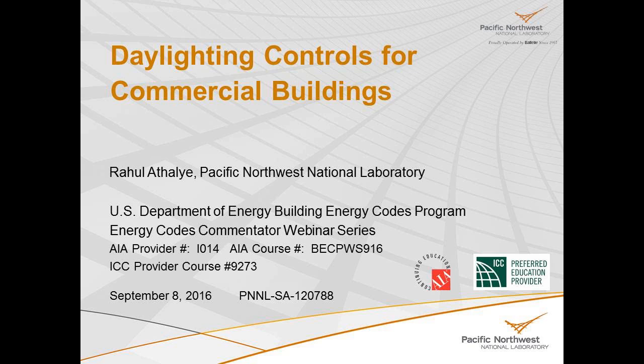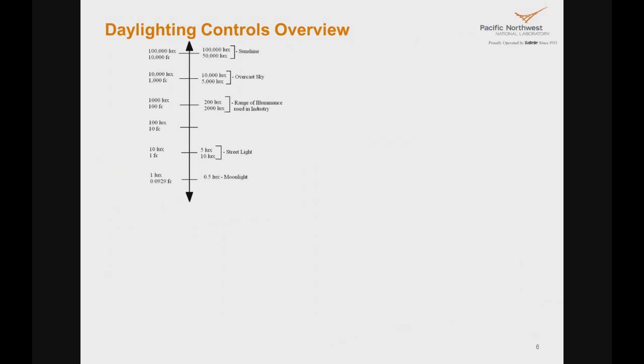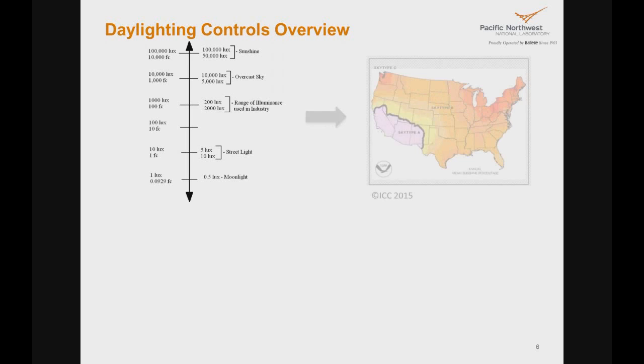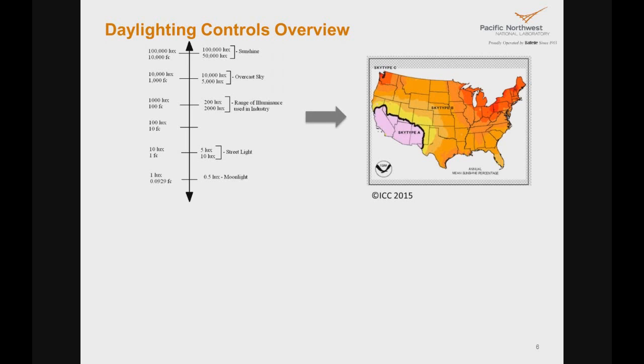So that's the background that I'm coming from, and my intention with this presentation is to provide an inside view of daylighting and controls. So we start by going over the basics of side lighting, top lighting, illuminances, and so on, and then look at some of the factors that affect daylighting.